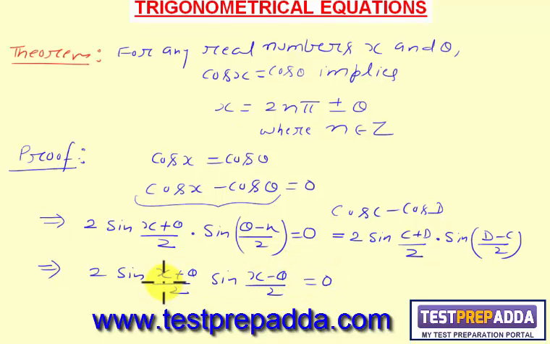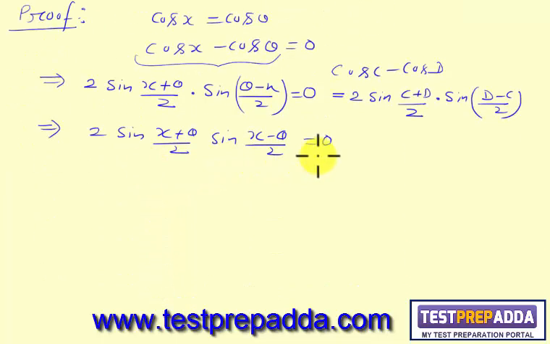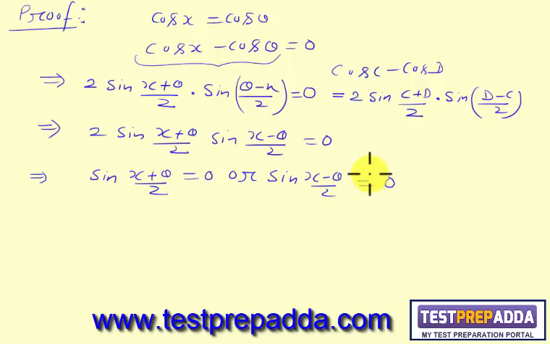Okay, now if a into b is equal to 0, then either a is equal to 0 or b equal to 0. Here we can write what? Sine x plus theta by 2 equal to 0, or sine x minus theta by 2 equal to 0.